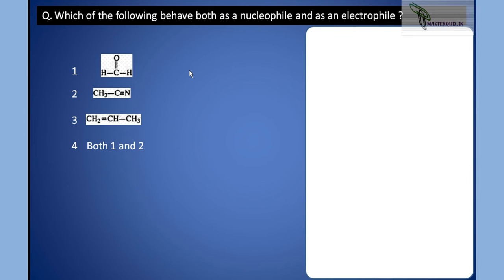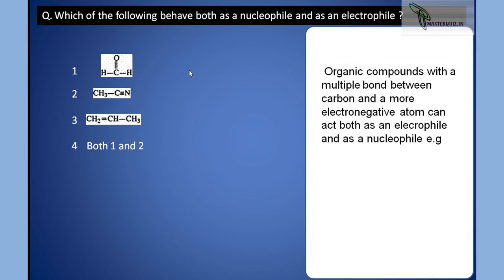One compound shows nucleophile as well as electrophile. Organic compounds with a multiple bond between the carbon and a more electronegative atom can act both as an electrophile and a nucleophile. Here in these options, the two compounds contain the more electronegative atom.